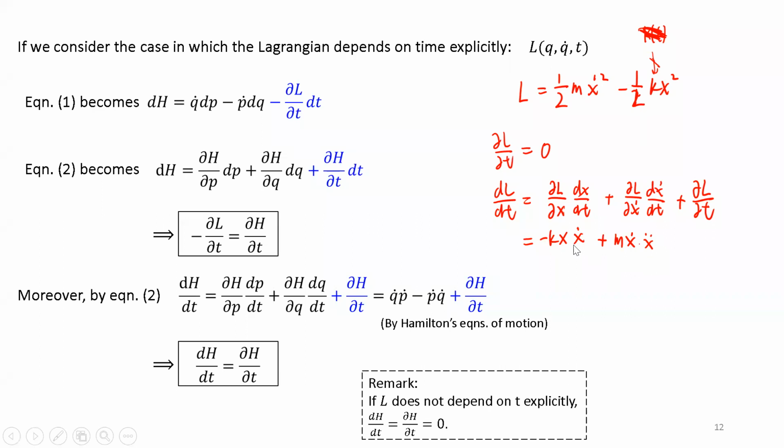So if you work them out, what is x and x dot? If you actually solve the equation of motion, you'll be able to figure out x and x dot. So what is x? x would be something like A cosine omega t, a simple harmonic oscillator, where omega is given by the square root of K divided by M. From that, you can work out x dot and x double dot.